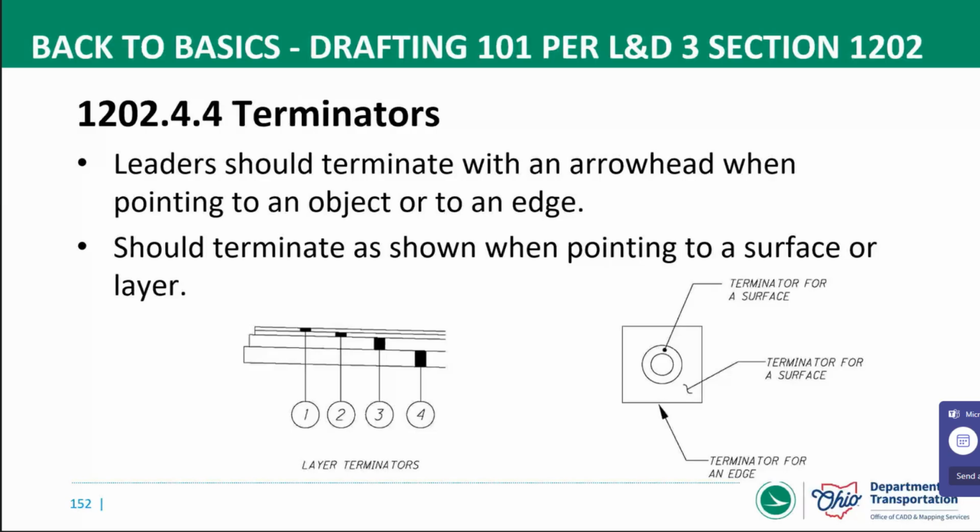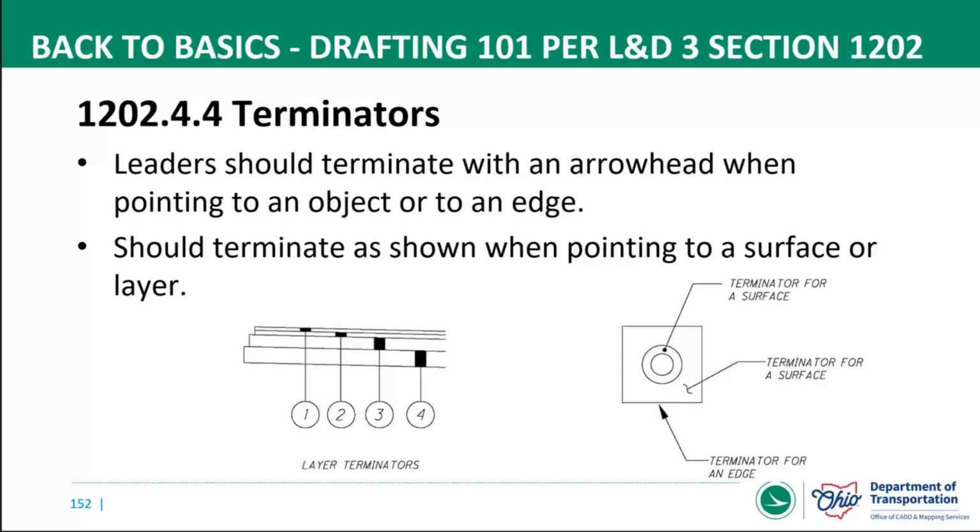So placement of your balloons, mostly related to typical sections, should be aligned as nice and neat as possible. Leader lines extending from the bubbles to the pavement layers should be vertical where possible. Other items like guardrail and underdrains, I still think should be nice and straight and neat, although this says they could be angled or inclined.